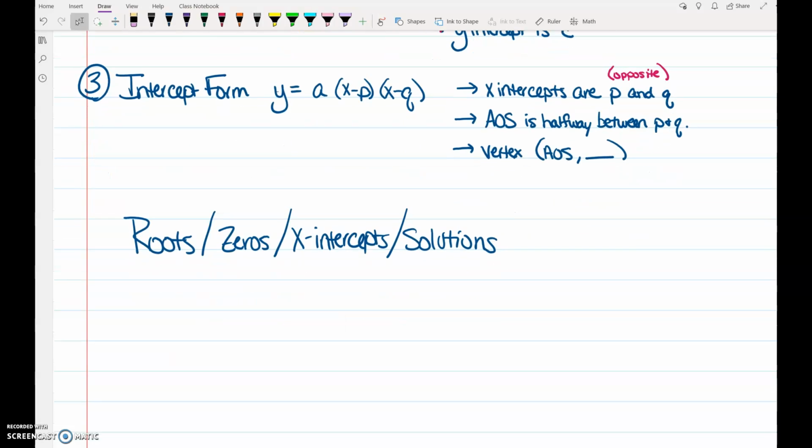So on your assignment today, it's going to ask how many roots? How many roots, or the number of roots? It's asking you how many times does the parabola touch or cross the x-axis.